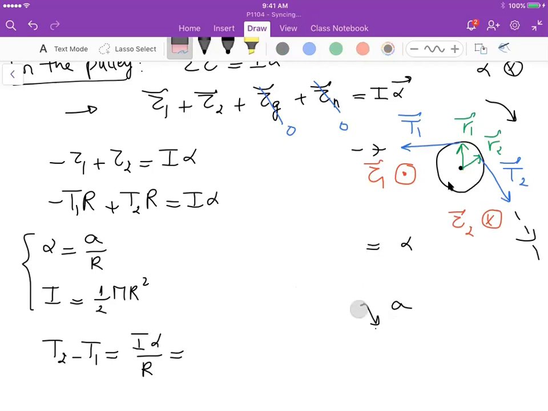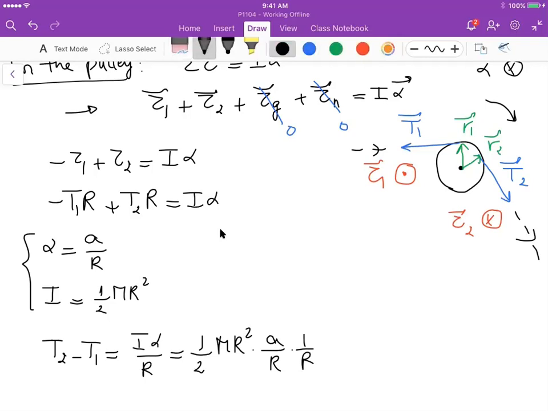What do we get? We end up with I equal to half M R squared, and alpha is equal to A over R, and we also have another 1 over R from the previous equation.